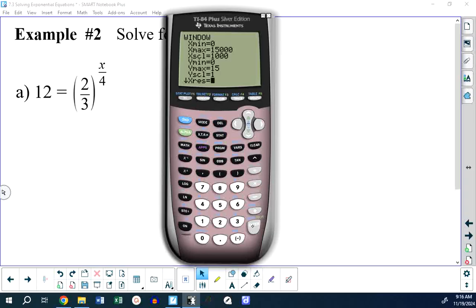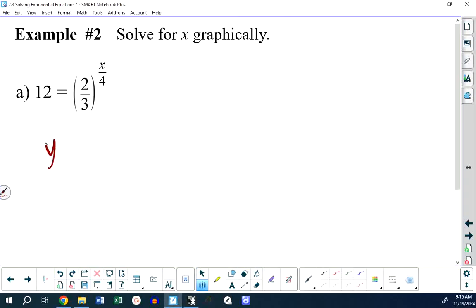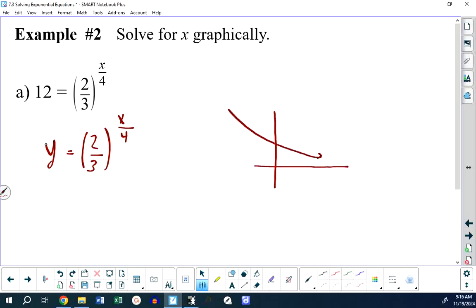Now, when I take a look at this side, y equals 2/3 raised to the x over 4. 2/3 is a base. I'm going back to the very first lesson in this unit. 2/3 is a base between 0 and 1. This will be a decreasing function that looks something like that.